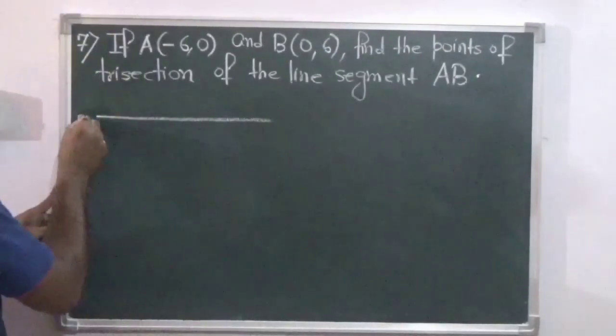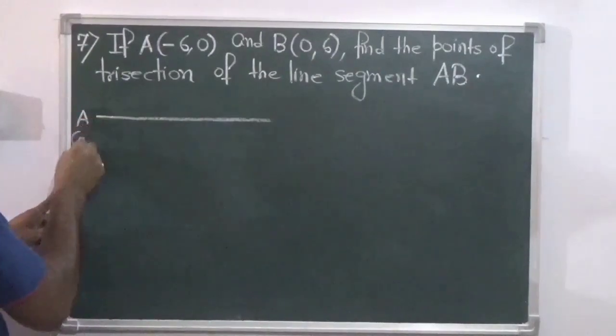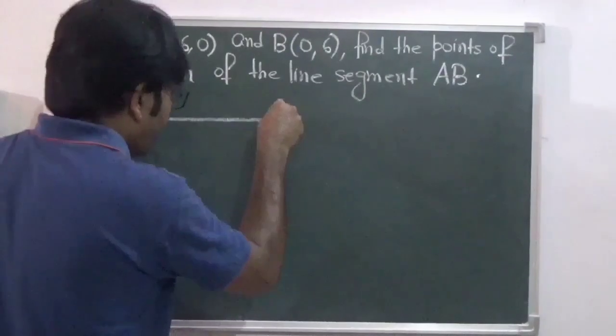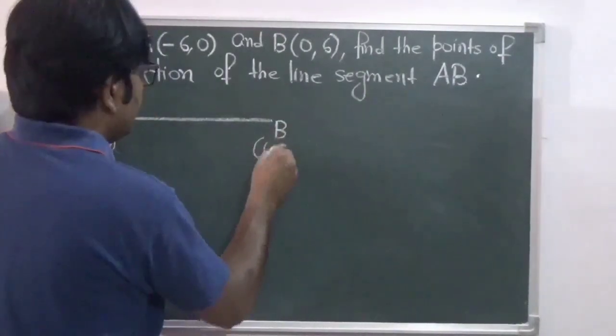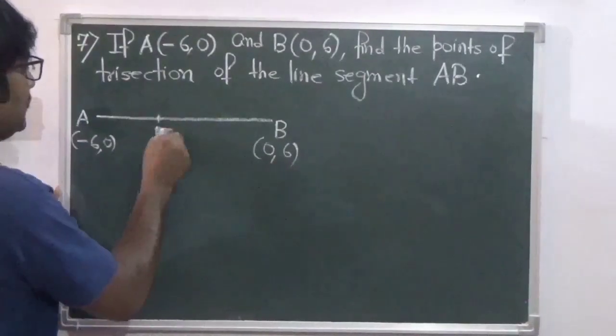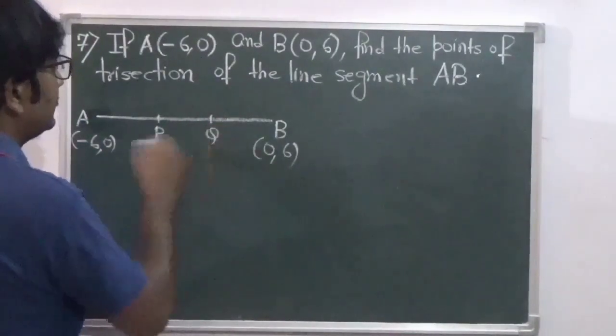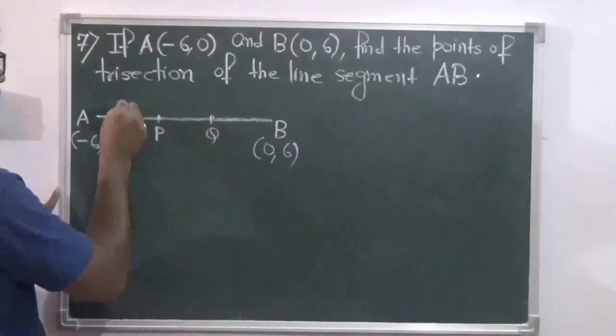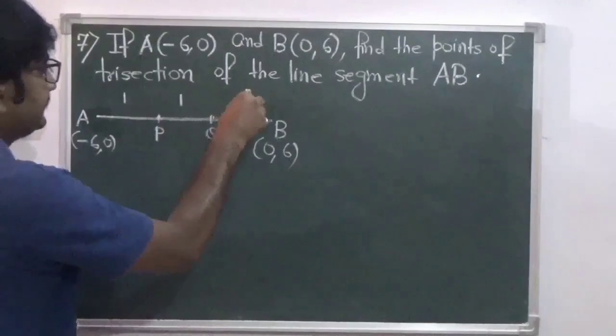If this is the line segment, supposing A is (-6, 0), and this is B (0, 6), and this is point P and this is the point Q, right?